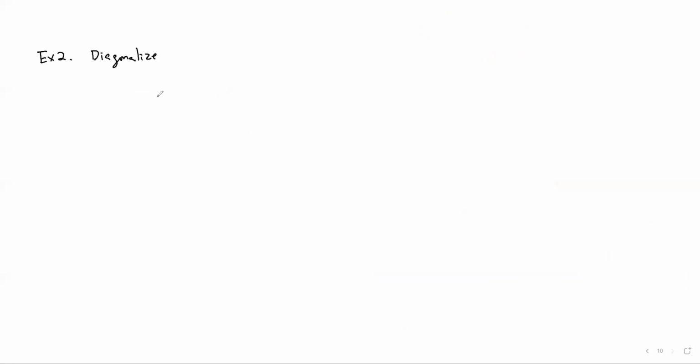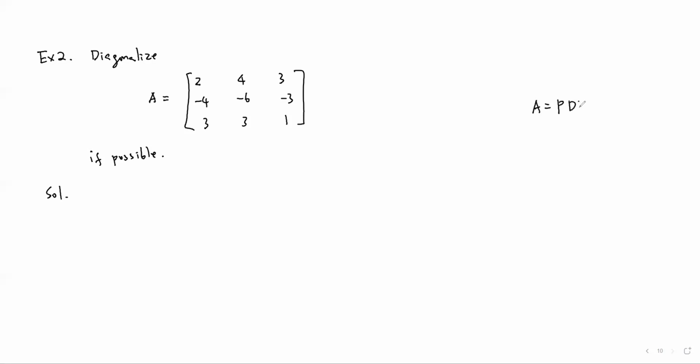Diagonalize this matrix, if possible. It may not be possible. Solution. I want to find this equation. Columns of P are eigenvectors, and entries of D are eigenvalues.